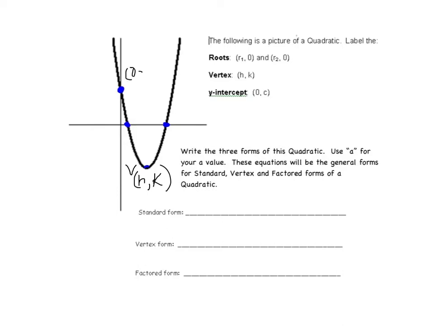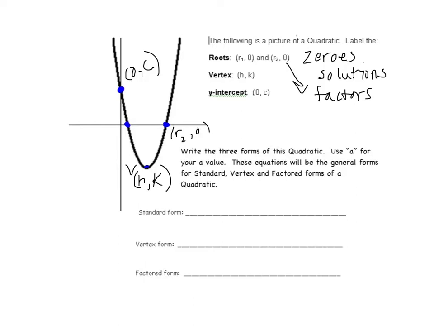This is 0, C. And these are the roots. Sometimes roots are called zeros or solutions, depending on how they're written. These could also be called factors. Those are vocabulary words that you need to know. I'll call this one r sub 2, 0, although it doesn't matter, it's just the roots. And so those are diagrammed.